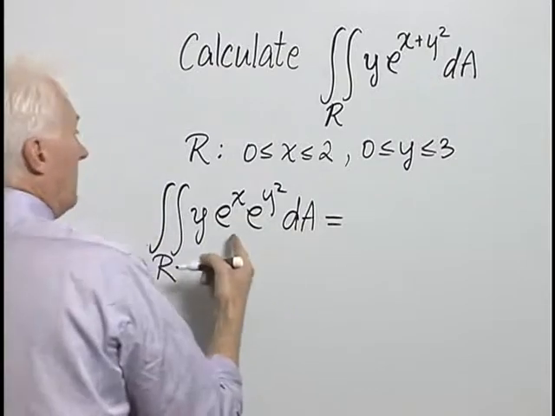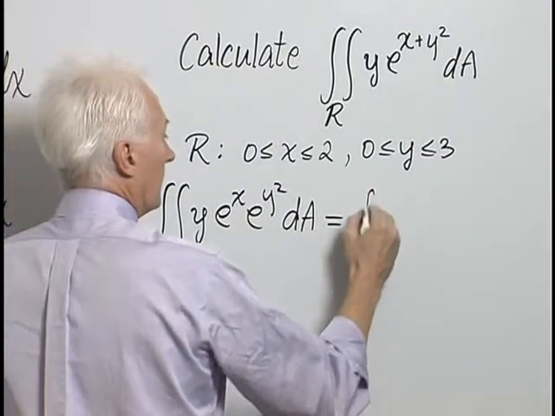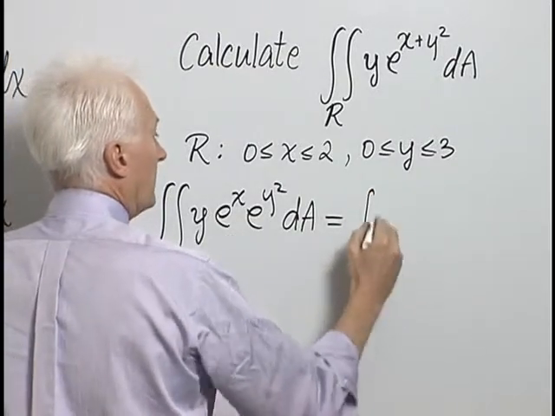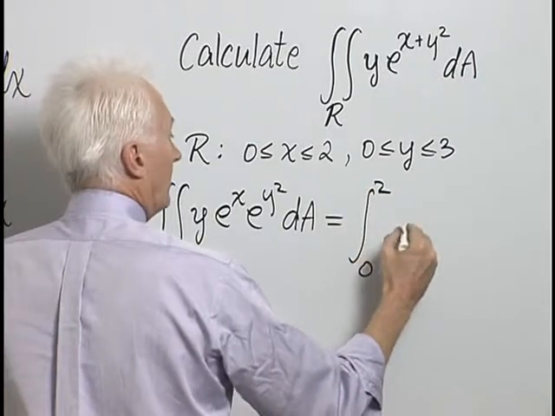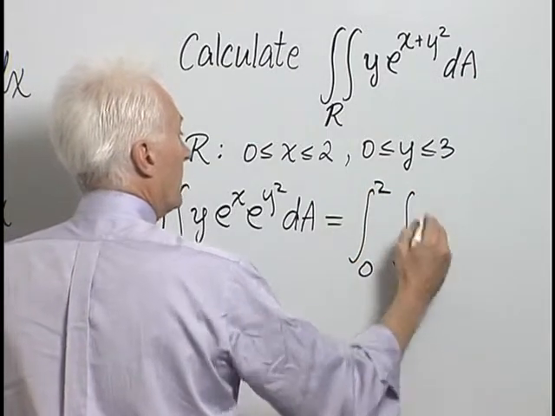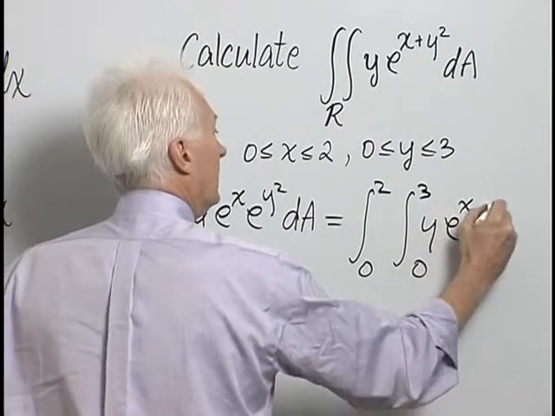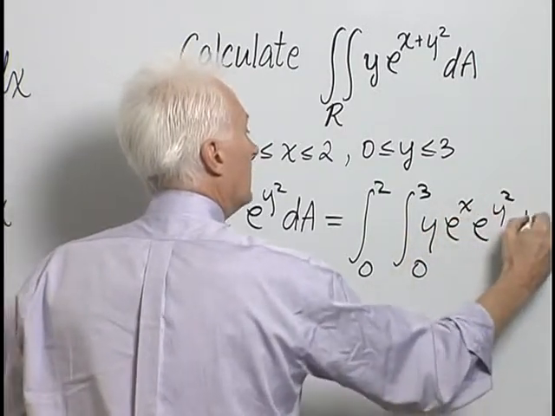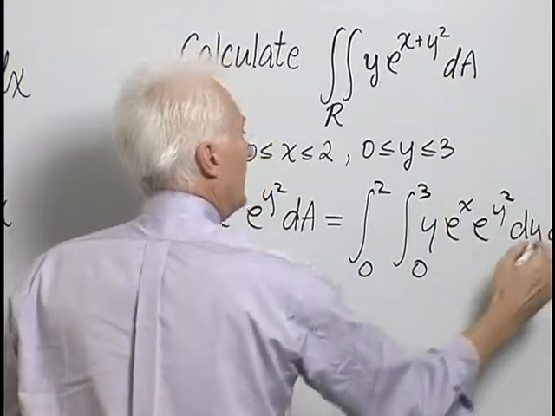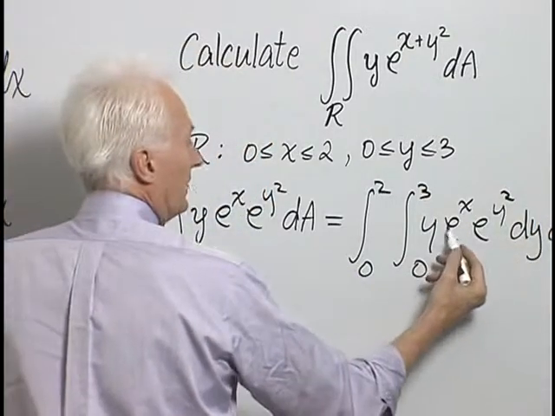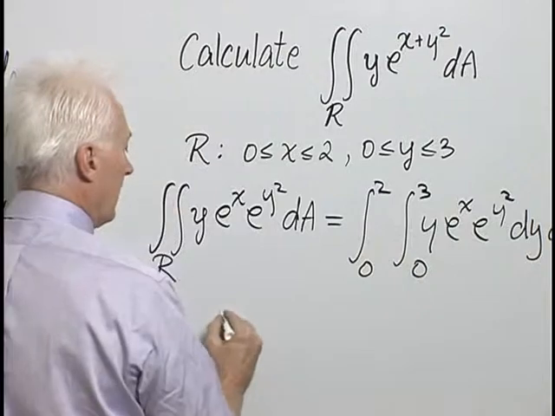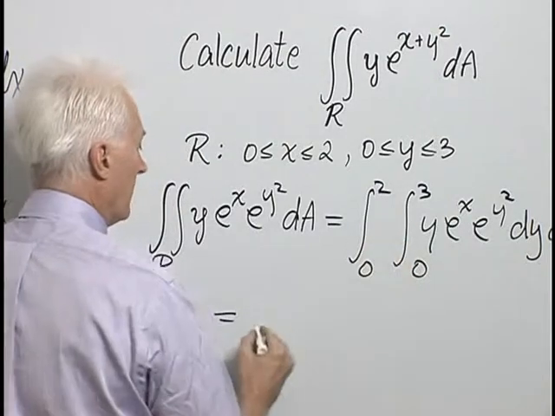And so when I write this as an iterated integral, it becomes the integral from 0 to 2 of the integral from 0 to 3 of y e to the x e to the y squared dy dx. And notice this e to the x can be pulled out of the y integration.